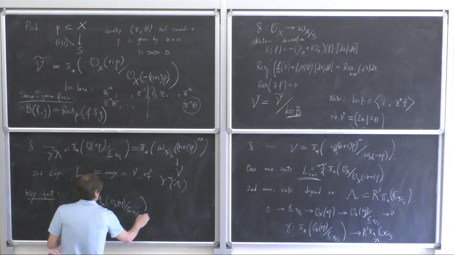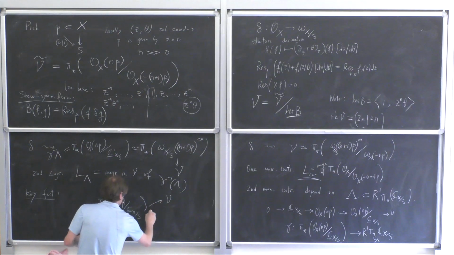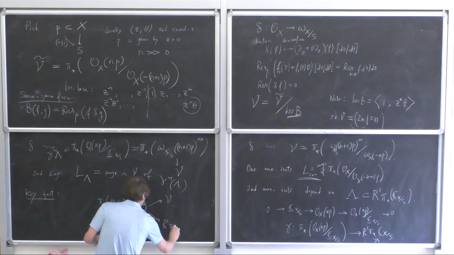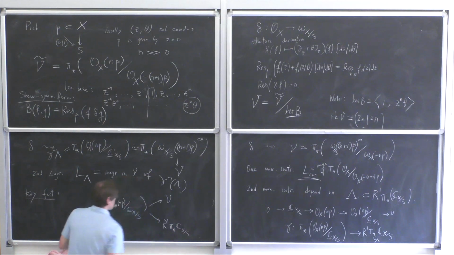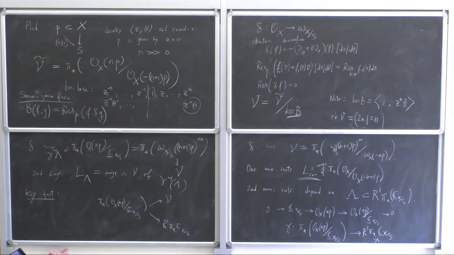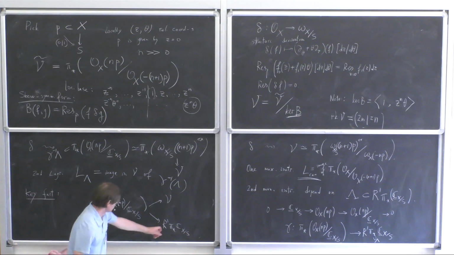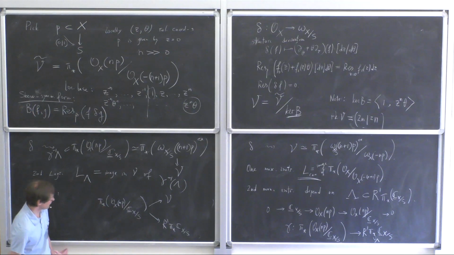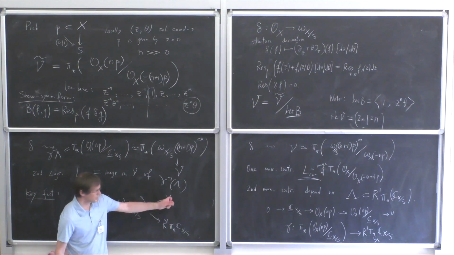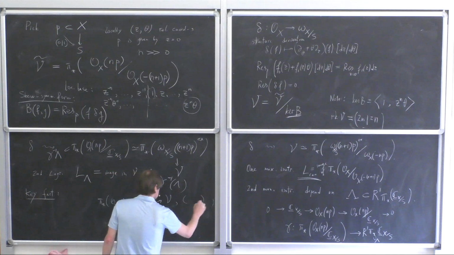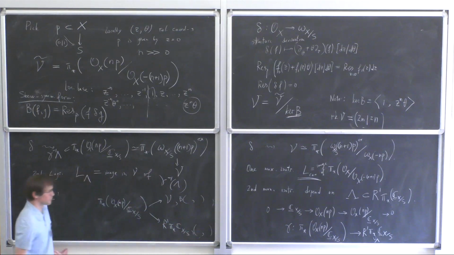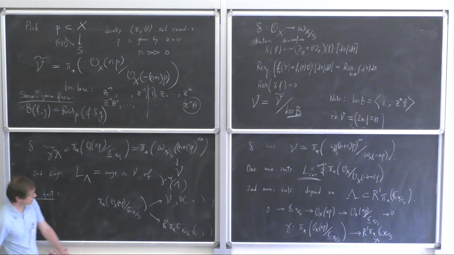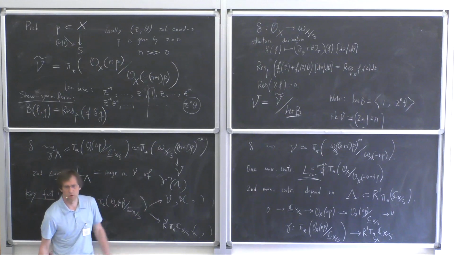We have one map to V and another map to R^1 pi_* of C_X, so to the local system of H1s, and both of these have some symplectic form. So this has a symplectic form B, and this has a symplectic form, the topological pairing. And the claim is that the pullbacks of these symplectic forms are the same.